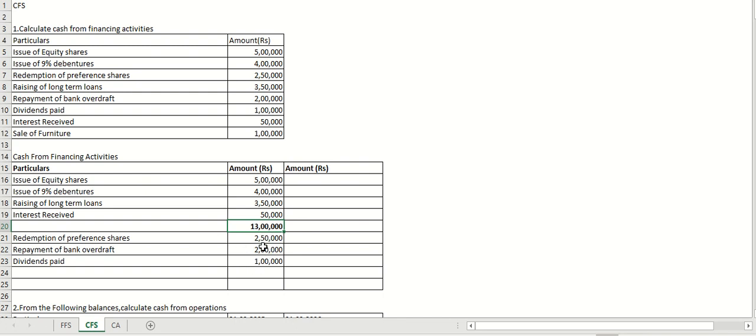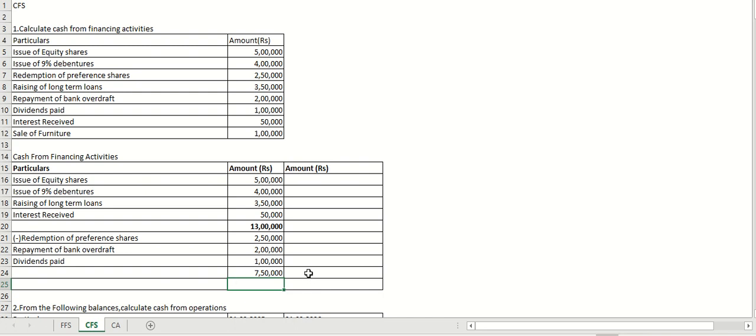Now if you minus 2,50,000, 2 lakhs and 1 lakh, all these will be minus because they include the outflow of cash, you get the resultant figure to be 7,50,000.